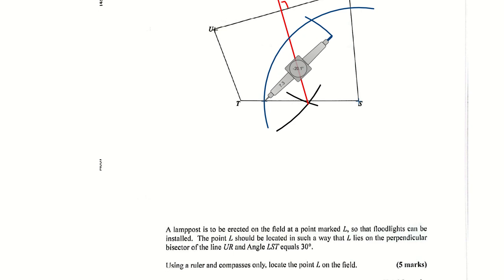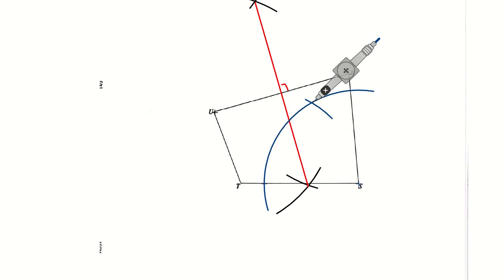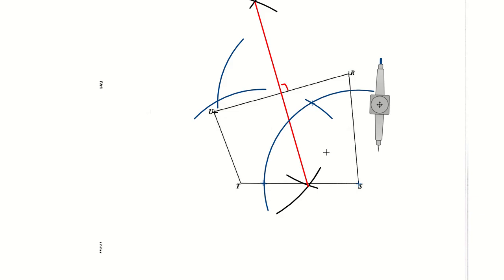That is how you draw 60. Then you put where that 60 degrees is at. Again, all this time you are not changing how big you open your compass, right? And you're going to draw an arc here, and then here you want it to intersect that arc that you drew.